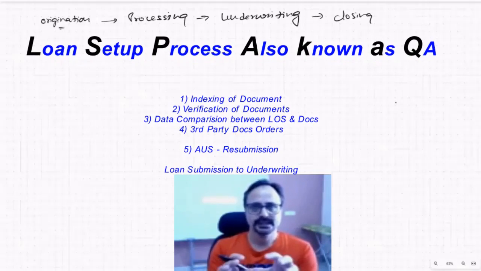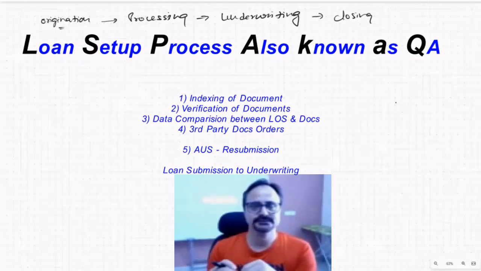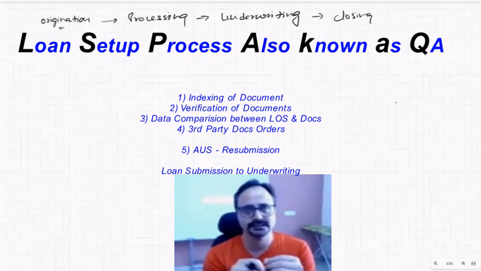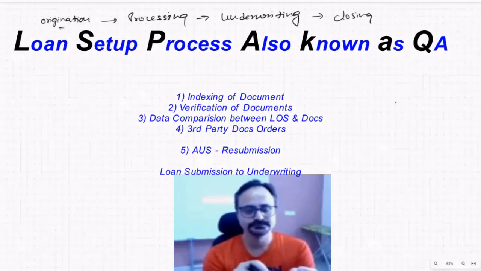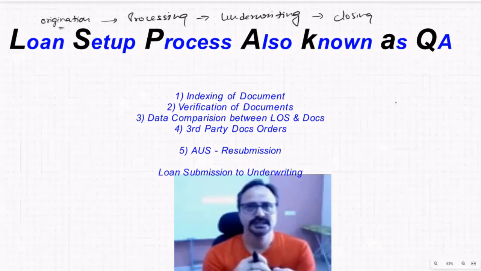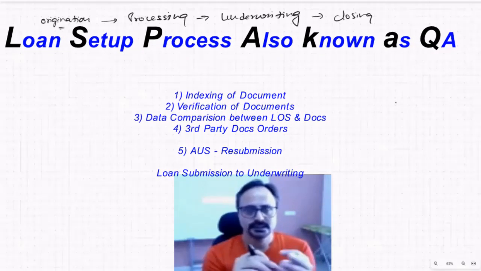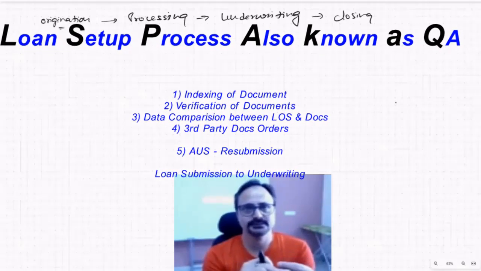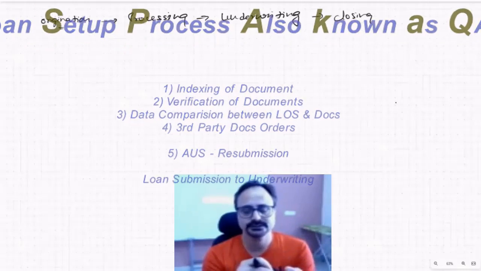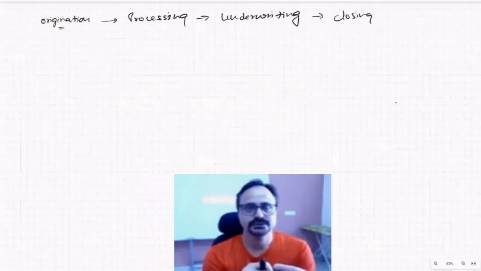They go and order many different documents which need to be collected from third parties, like the flood report and flood certification, and if the property comes under a flood zone, they have to order flood insurance. They also need to order home insurance, a title report, and the appraisal document.